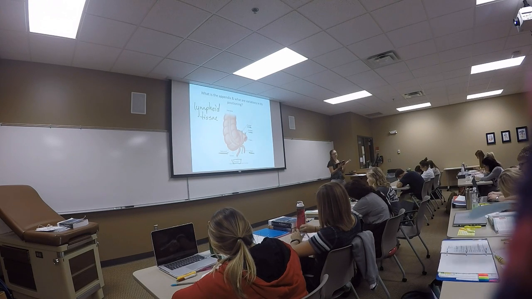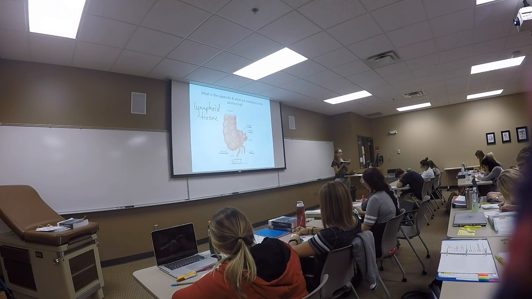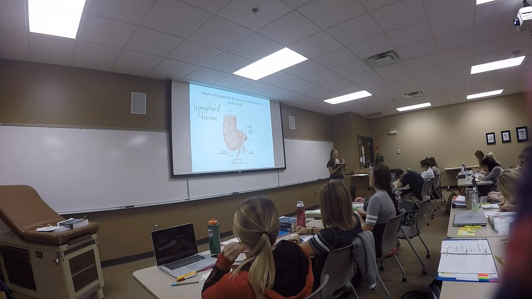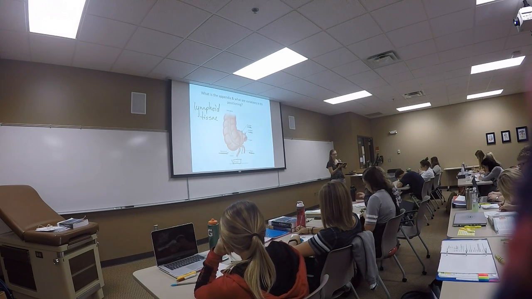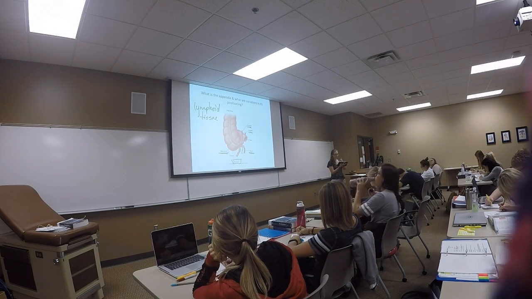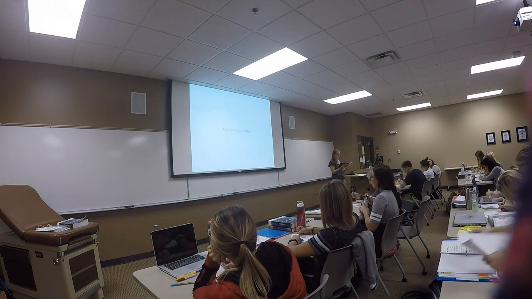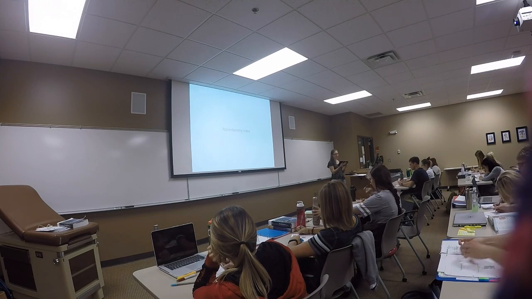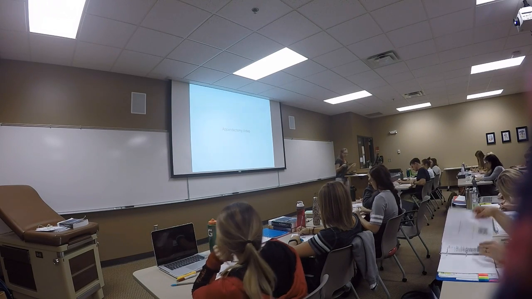So just several different positions to be aware of that the appendix can be. Okay. All right, so that is the part of the lecture I wanted to go over.